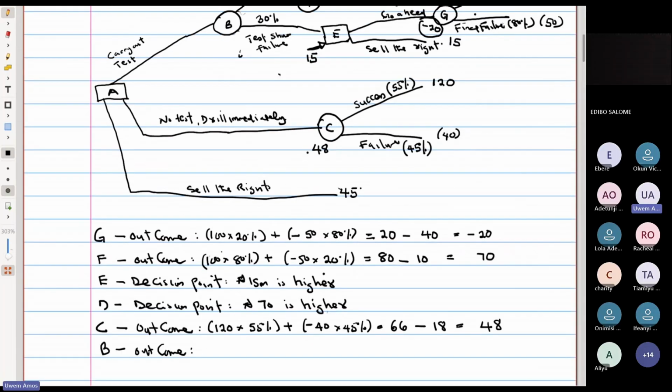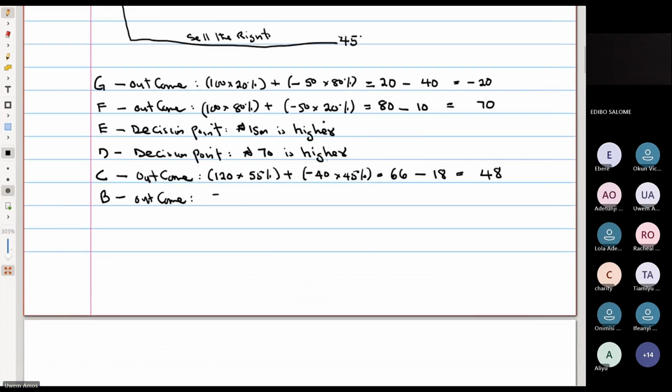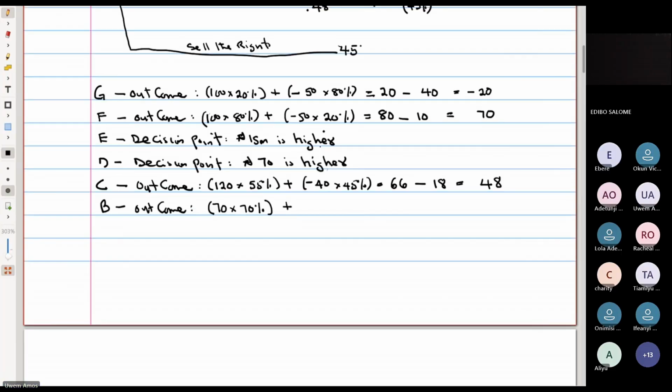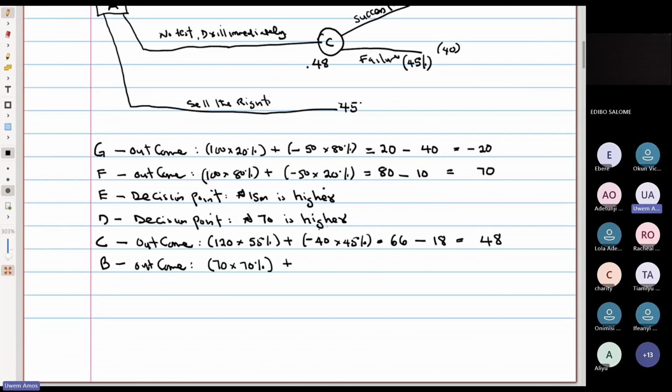So 70 is 70%. Plus 15 is 30%. Okay, so there's no minus here. So it's plus.